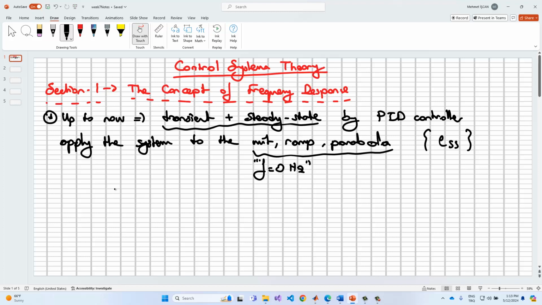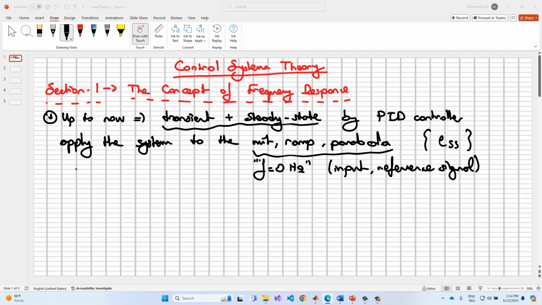But in real life applications, we may utilize frequency signals as the input signals or reference signals, even in the closed loop transfer functions. Okay, this is the basic problem here. Because the transfer function has poles with specific frequency values in the S-plane, it responds to frequency signals as an input or reference signal in a different way.